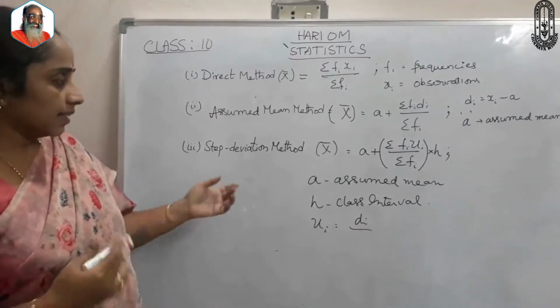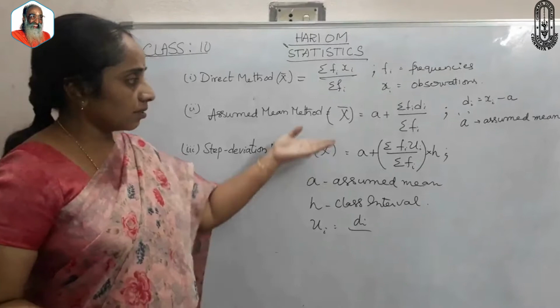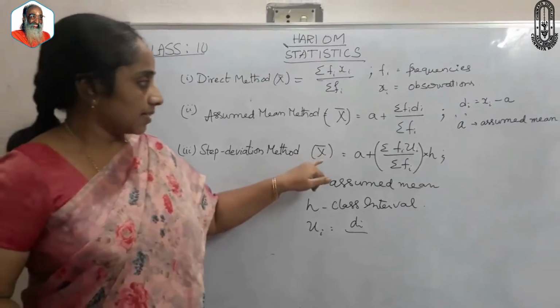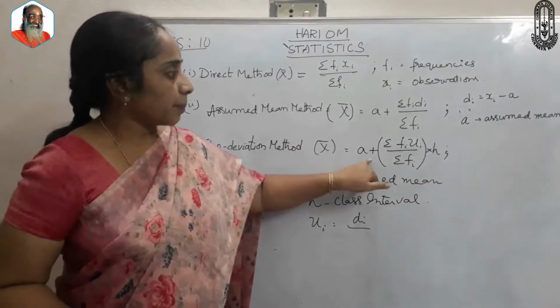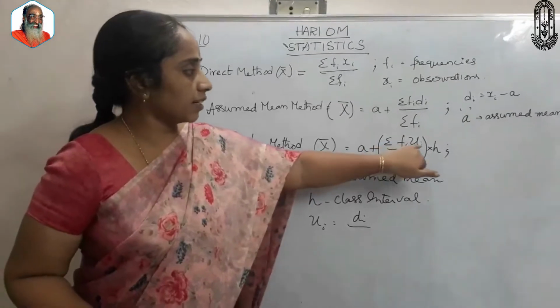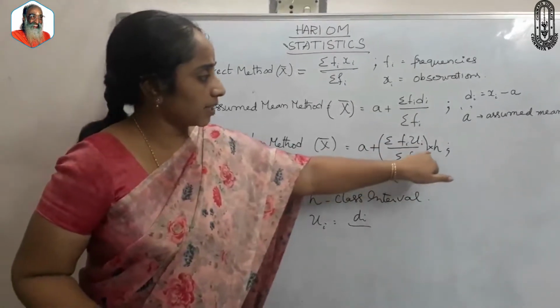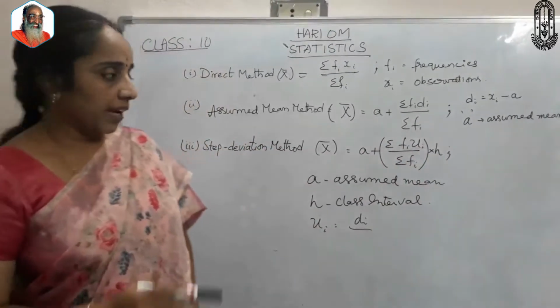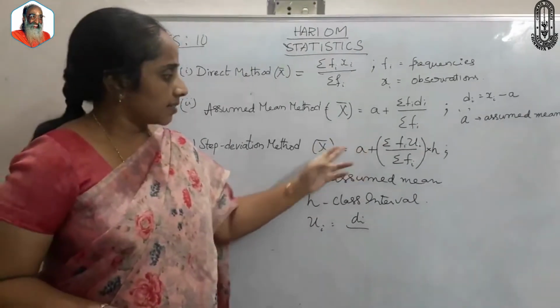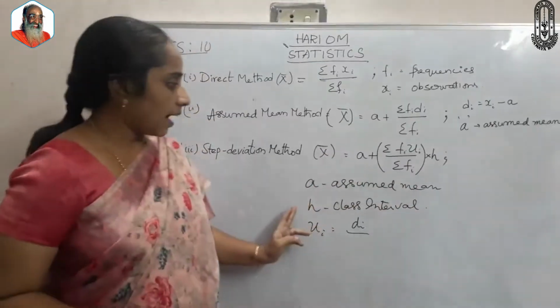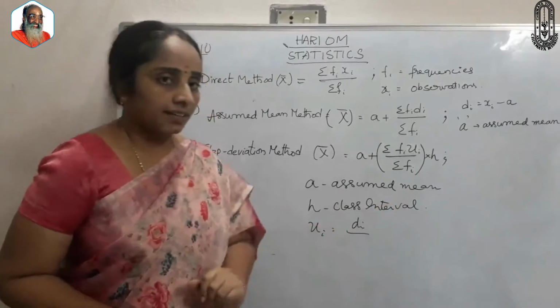In the step deviation method everything is the same: x bar is equal to a plus sigma fi ui by sigma fi into h, where a is the assumed mean and h is the class interval.